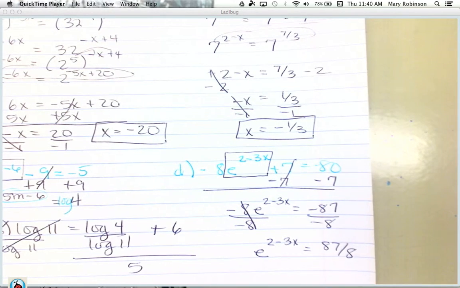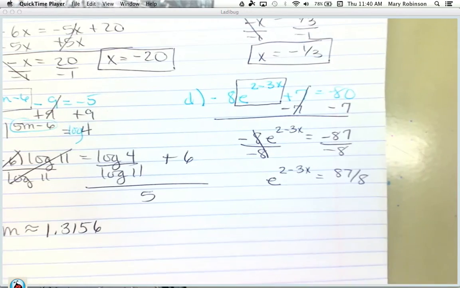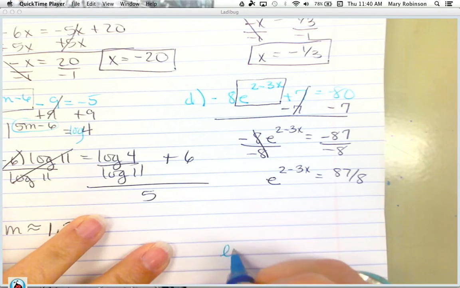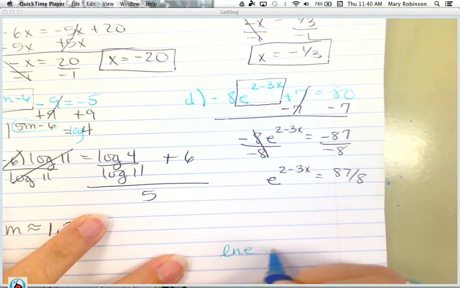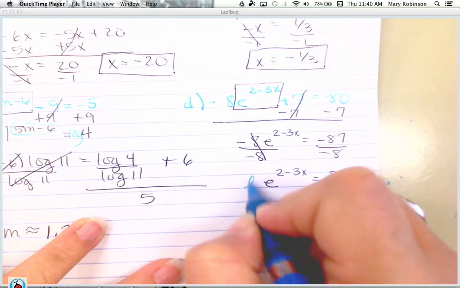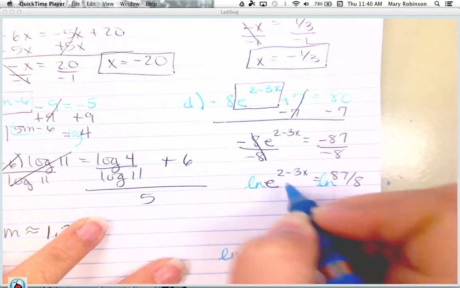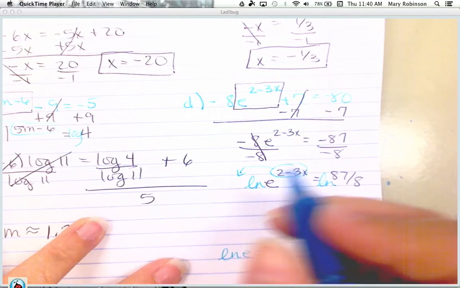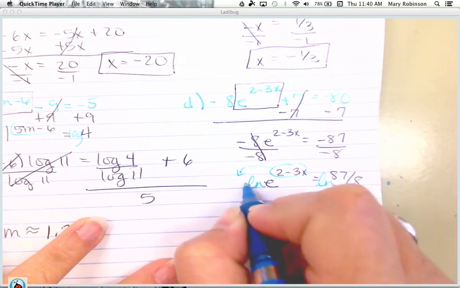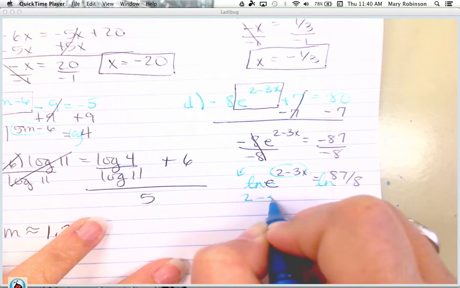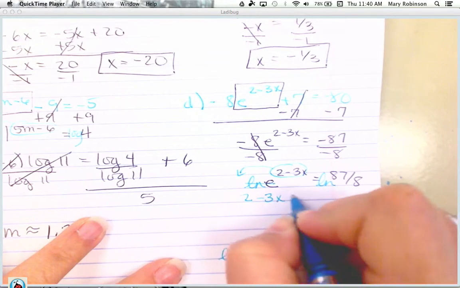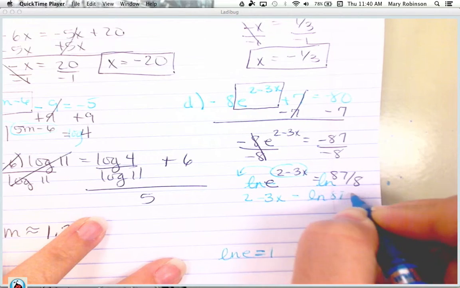At this point, to get our exponent down, we have to remember that the natural log of e is equal to 1. So if I put natural log on both sides, we apply that property, and effectively that cancels because it just equals 1. So we have 2 minus 3x equals the natural log of 87/8.